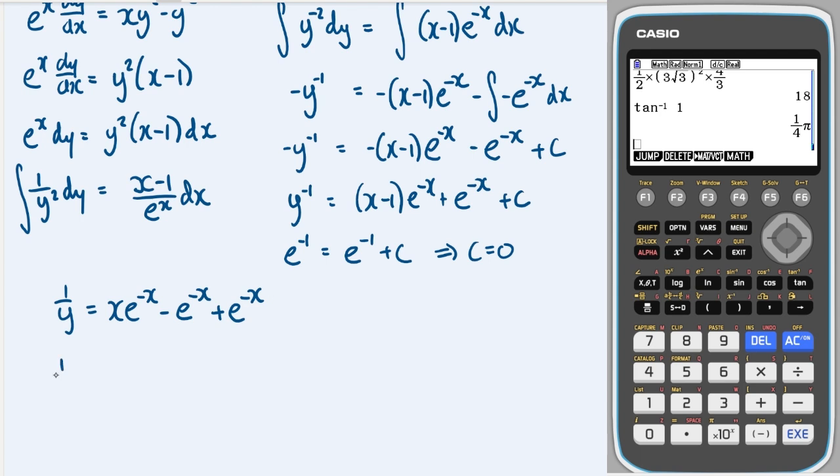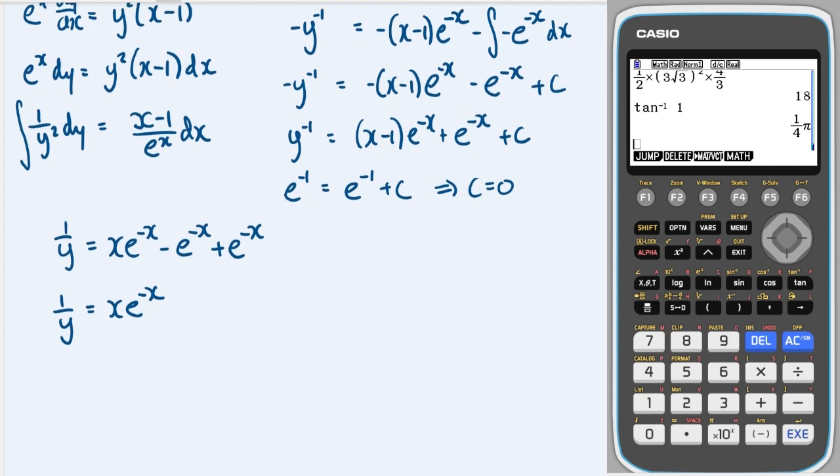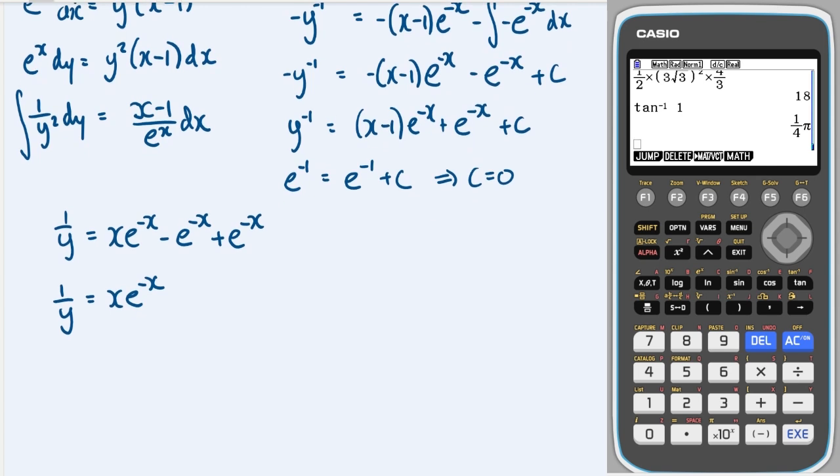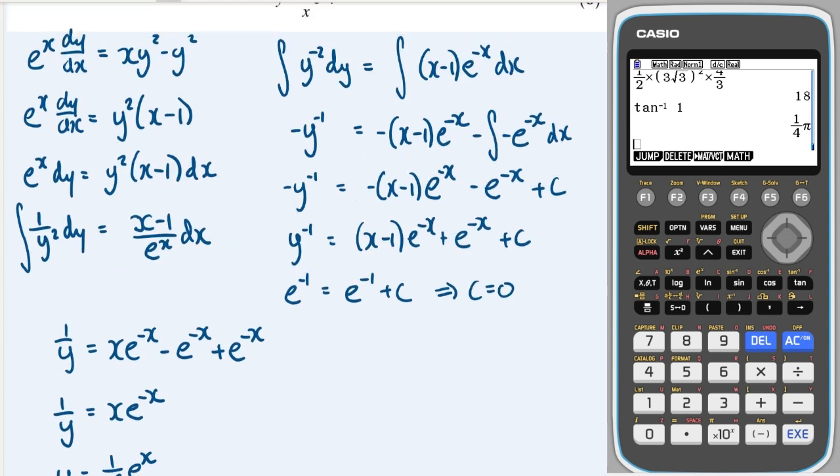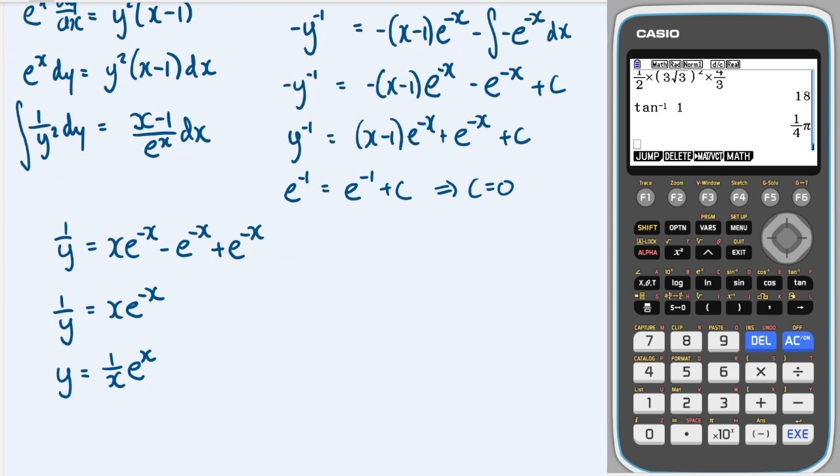So those cancel, so I get 1 over y is equal to x e to the minus x. And then finally we can take the reciprocal of all of these, so this gives me y equals 1 over x, and the reciprocal of e to the minus x is just e to the x. And I think that is what they asked for. Perfect.